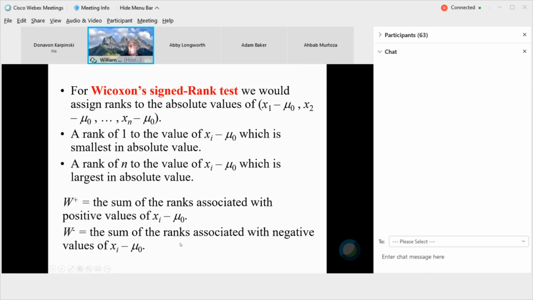We add up the ranks associated with positive values of xi minus mu naught. Alternatively, also the sum of the ranks associated with negative values of xi minus mu naught. These are the two statistics.